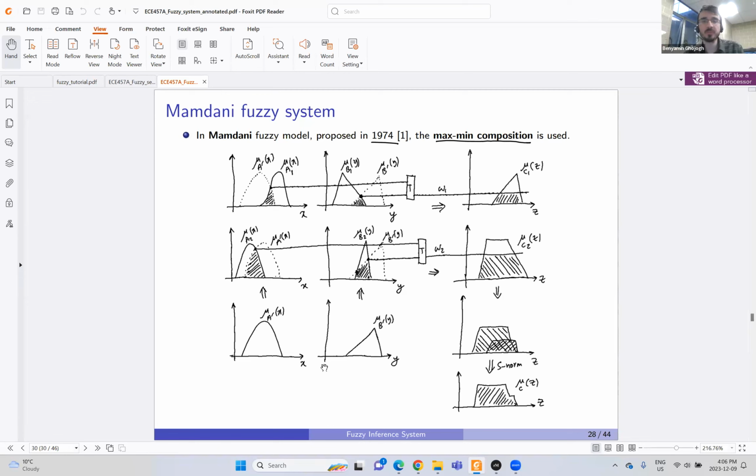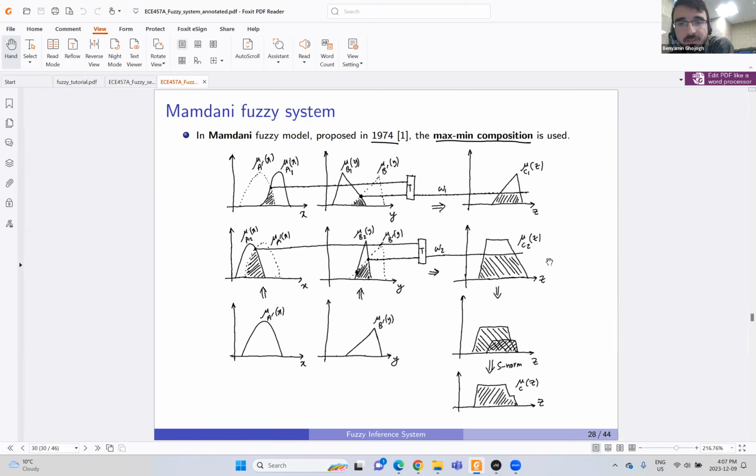So we have some crisp inputs, A prime, B prime, or XY, whatever we call it. And then we fuzzify them. So the crisp values become some membership functions, right? And then what is this part? So whatever I'm circling here is already in the fuzzy inference system, right?